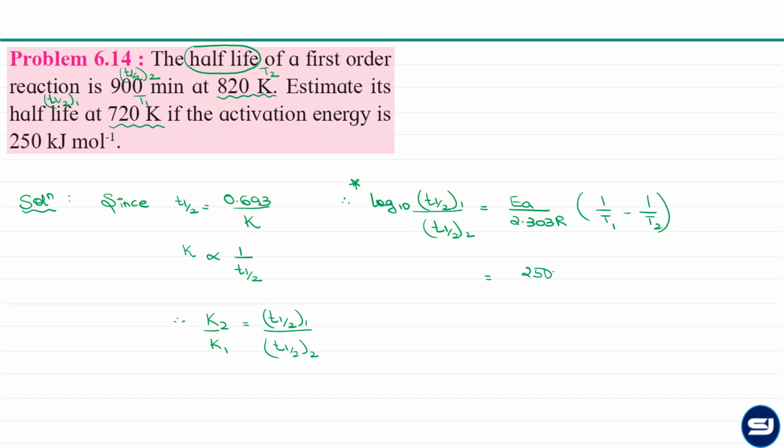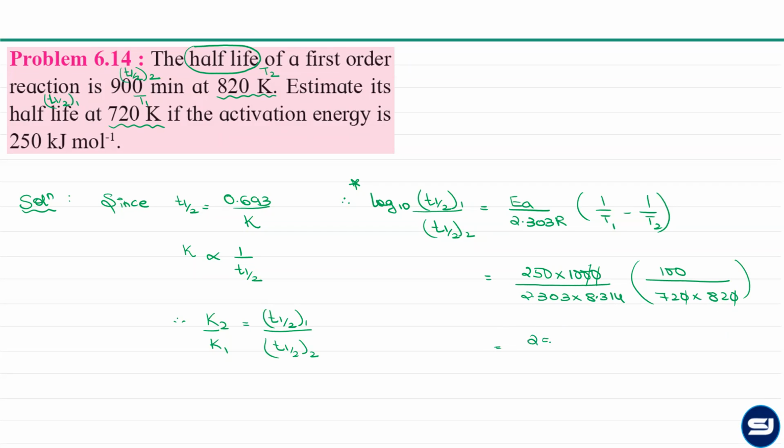मतलब your values would be 250 into 1000, 250 kilojoule दिया है, upon 2.303 into 8.314. Then take the temperature का difference which is 100 upon 720 into 820. यहाँ पर 1 0 2 0 और यहाँ 1 0 2 0 गायब, वापस 1000 बच जाएगा.